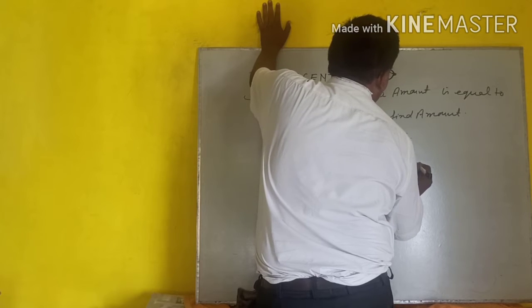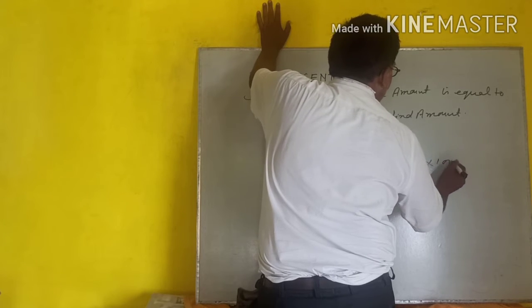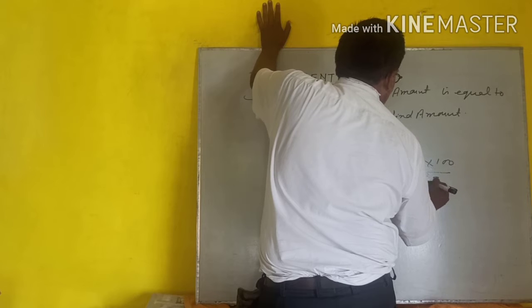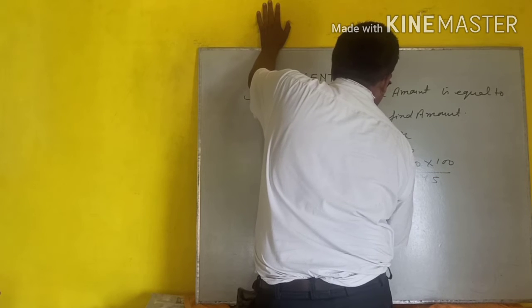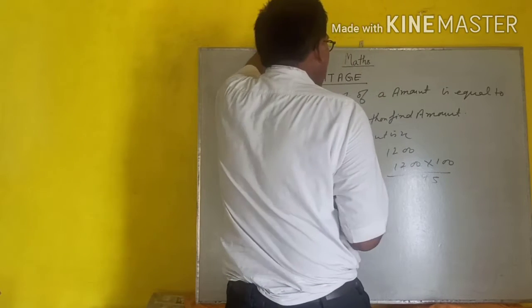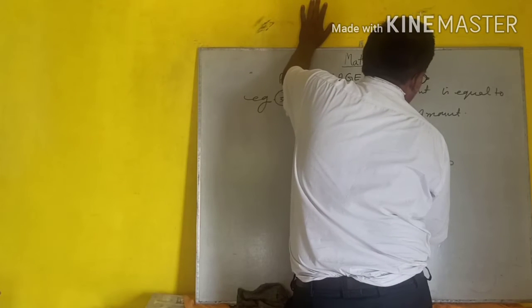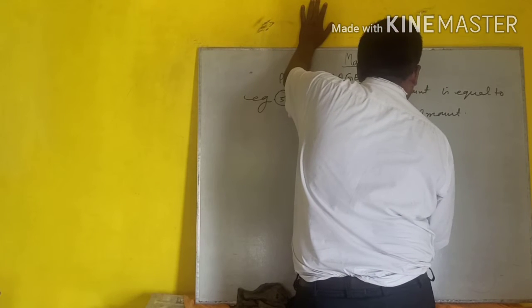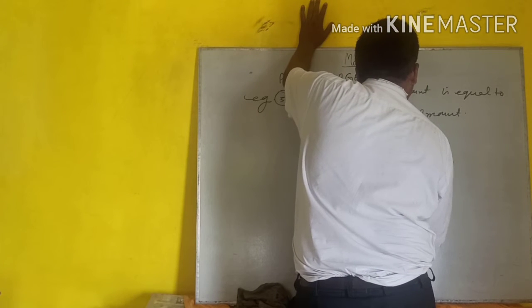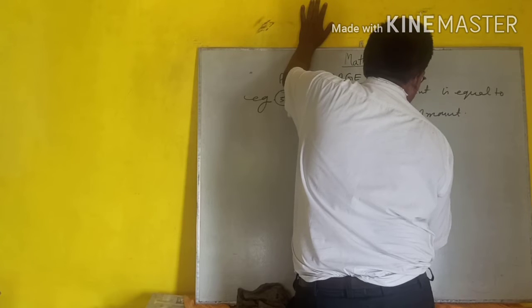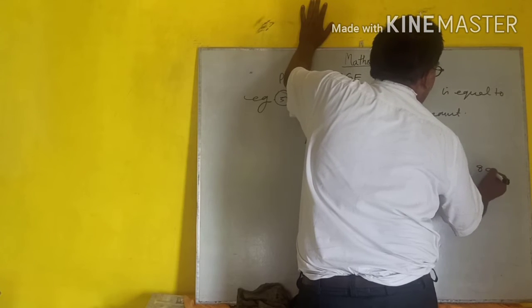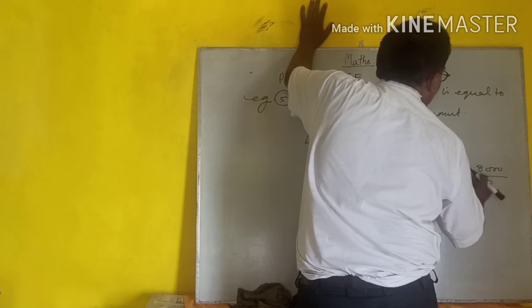Here you write 1200 multiplied by 100 upon 45 is equal to x. Then you solve it. Here 15 times 3 is 45, 15 times 80 is 1200. Here 80 into 100 becomes 8000 upon 3.